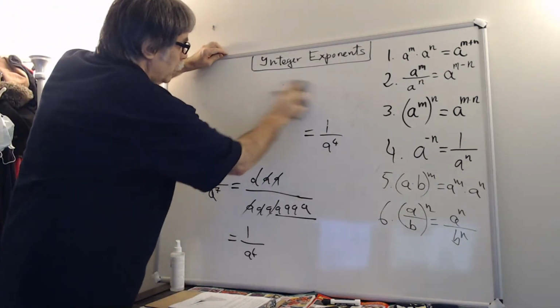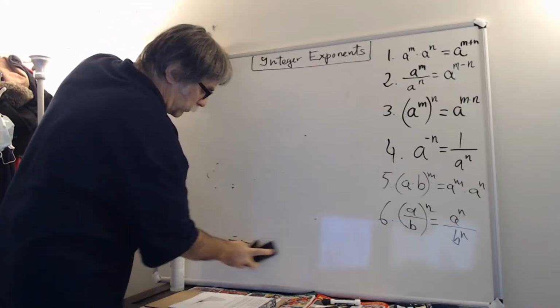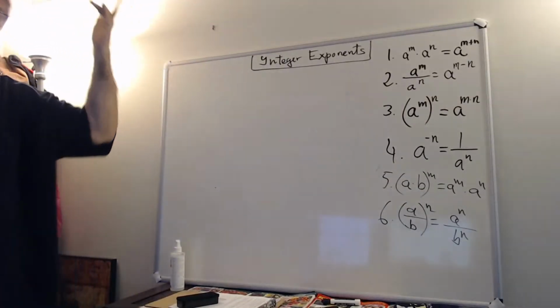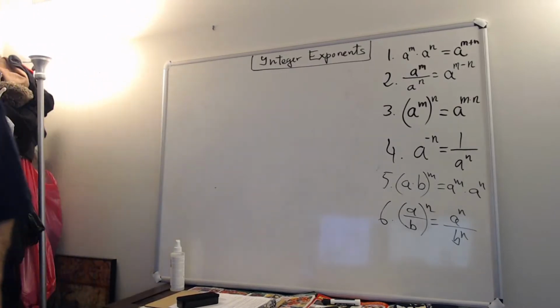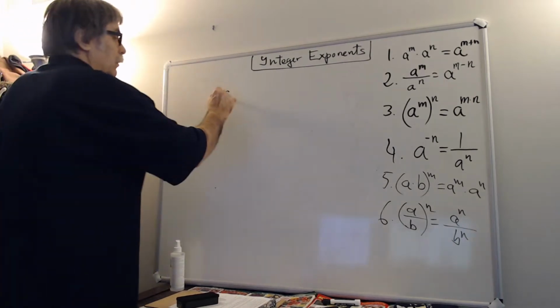I have to warn you now, again, about a mistake that I get from people all the time. You can say, oh, I don't like those rules, they're complicated, I don't want to remember that, so I'm going to use something that I think works. Okay, that could be a problem.